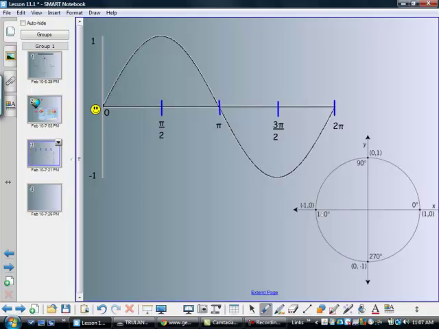Now, a sine wave's pretty easy to understand, and let's just see how much easier it is to read off a graph than it is off a unit circle. So for example, if I asked you what is the maximum value of a sine, it's much easier to look at the graph because maximum means the top, and you go boom right here.